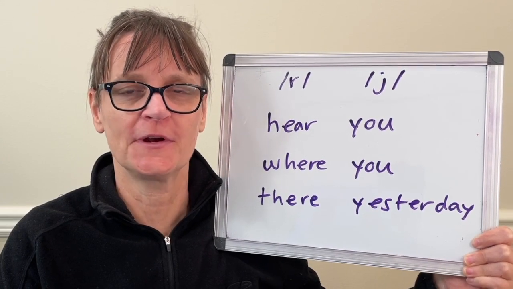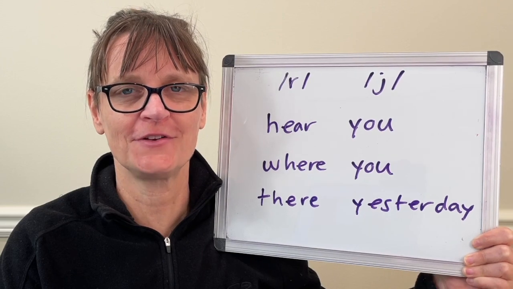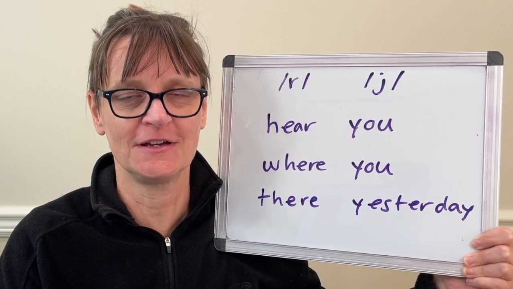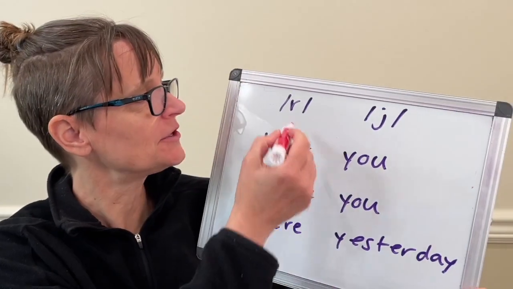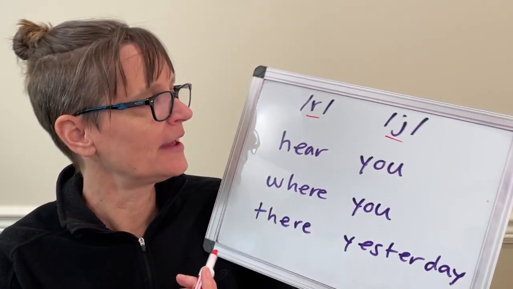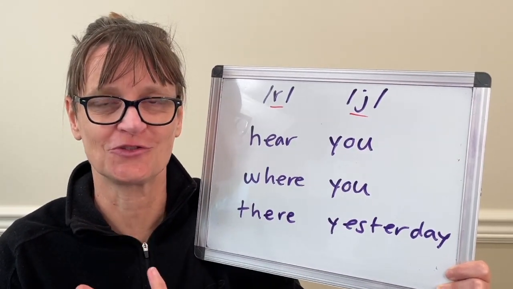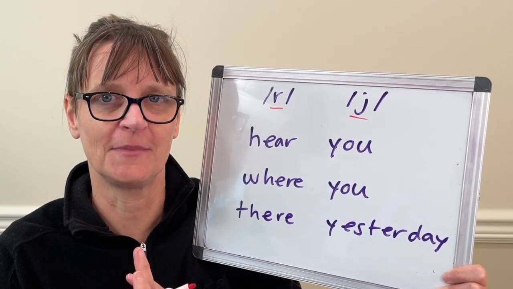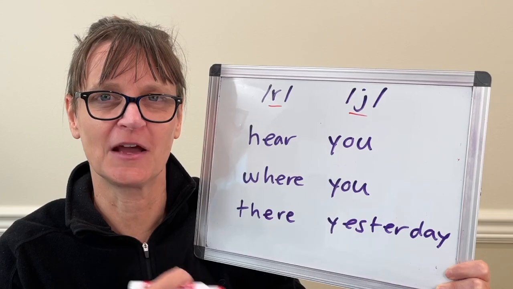In this video, we're going to talk about phrases where one word ends with the R sound and the next word starts with the Y glide, letter Y or the Y sound. So we're looking at the linking between R and Y. And typically, this isn't something that changes or is a strong link, unlike some of our other sounds where we say the sound differently depending on what's next.